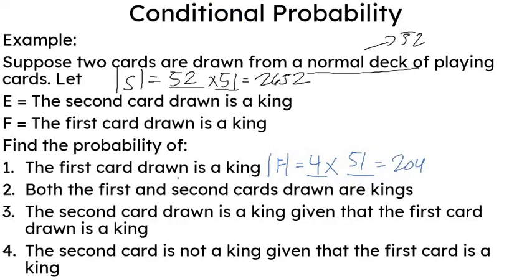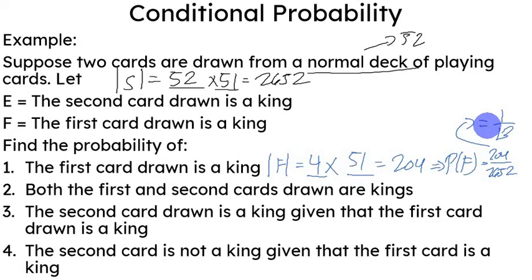Therefore, our probability that the first card is a king would be 204 out of 2,652 ways, which would be, in lowest terms, actually, they don't have space, I'll just write it here, which is actually equal to 1 out of 13 chances that the first card that you will draw is actually a king.